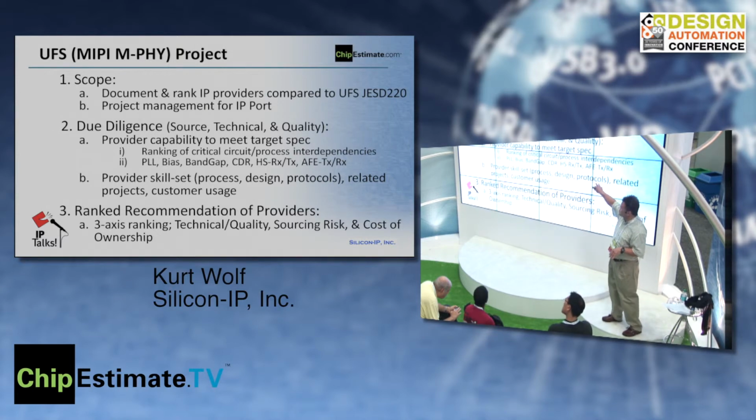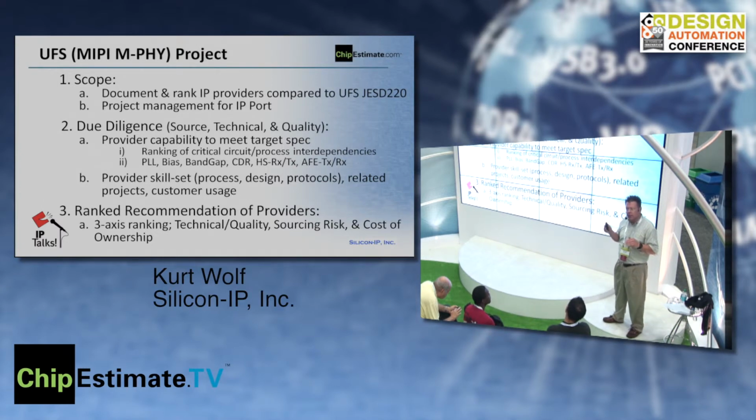So our deliverable in terms of due diligence had a heavier weight on the sourcing risk. The reason being that the typical IP provider that this company used wasn't going to be able to make the timing milestones.